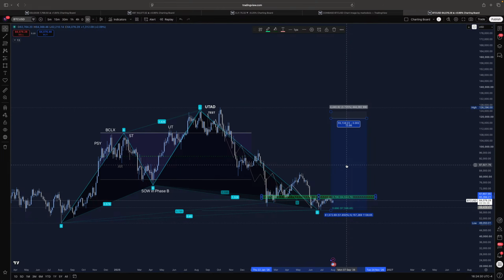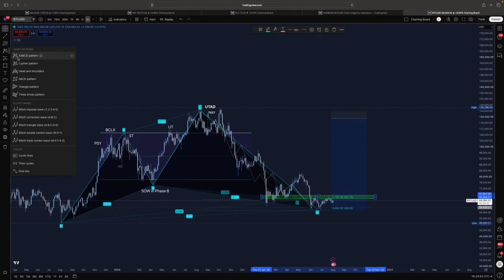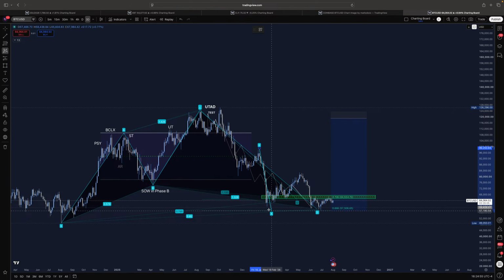Okay, very complex structure across the board, but this is the reading that I can still observe as of now, as long as buyers are defending the 0.886. They have an argument for recapturing the 0.886 as resistance or as support, back into support, and maybe work on a cipher pattern.